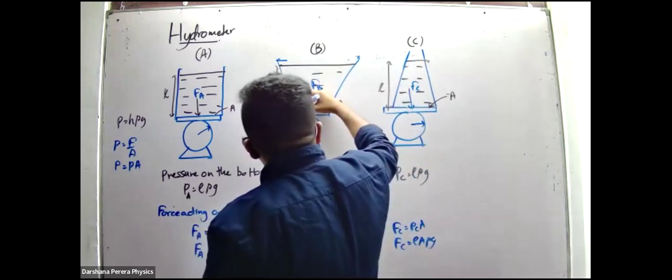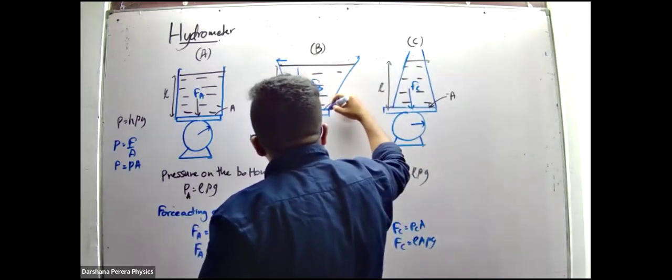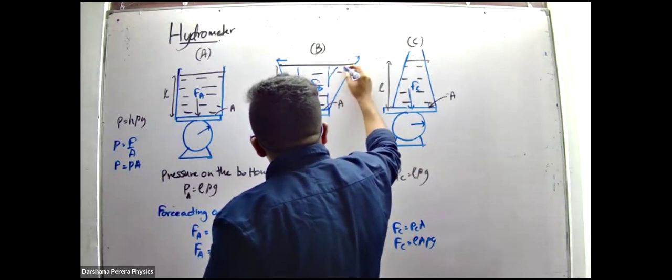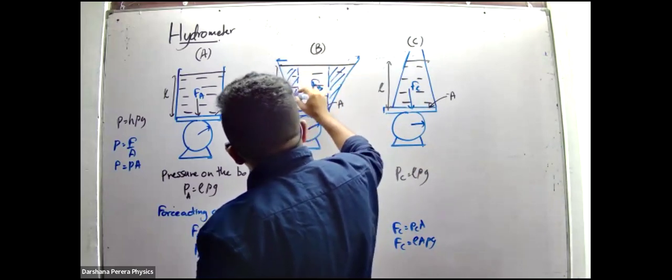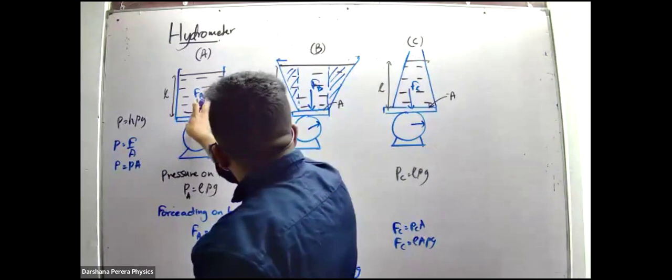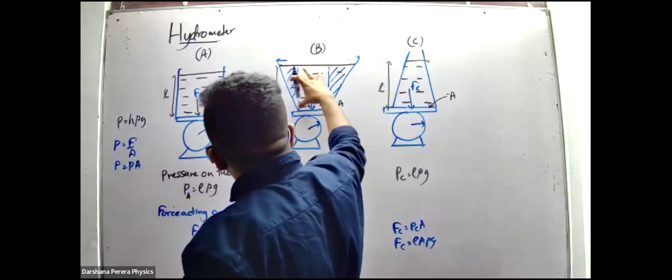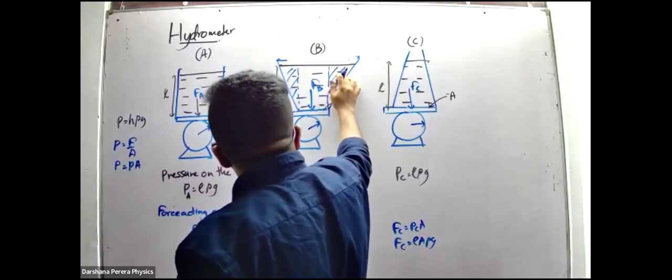What is the highest load? This one is the highest load. There is external water. This is also cross section A. But there is an external water body in there.